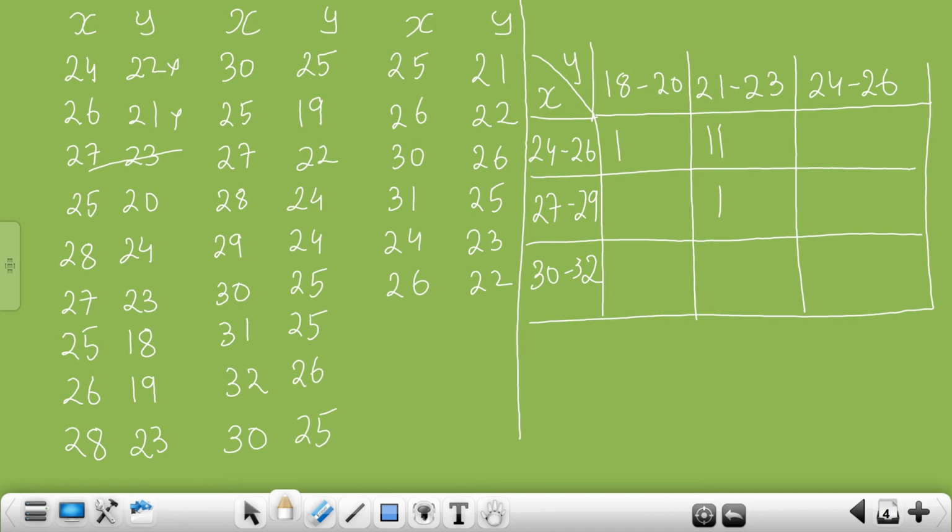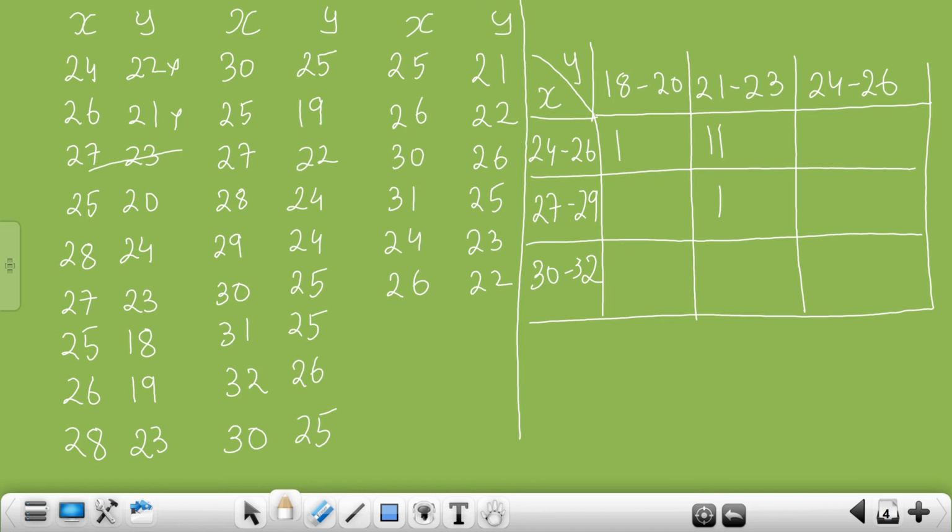And accordingly, for the rest of the values we are going to put the class marks. So 25 and 20. The value x equal to 25 is between 24 to 26, and the value of y, which is equal to 20, is between 18 to 20.